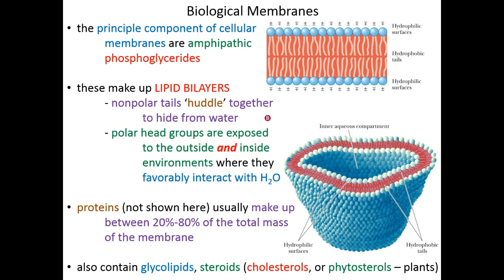And these membranes also contain the occasional glycolipid, which we also defined in the last chunk. These are lipid molecules that are fused to sugars, important for signaling, among other things. And they also contain steroids, most commonly cholesterol, to thicken their membrane. But there's a cholesterol-like molecule that we find in plants called phytosterols, and they do the same job in plants.